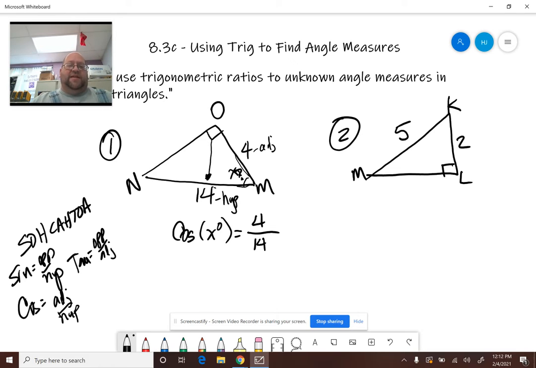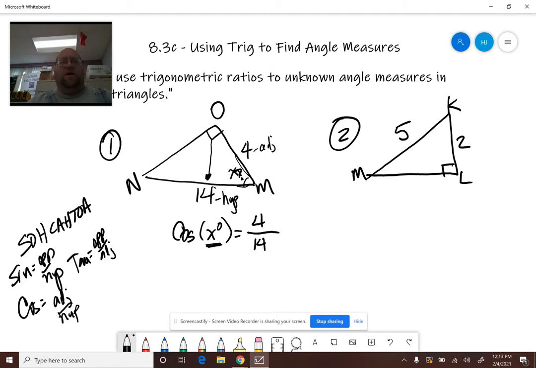The issue here is I do not know what this angle measure is, and it is connected to cosine. It's not really connected through multiplication, even though it looks like that because it's right beside it, but they're connected, and I need to find a way to undo this. The way to undo multiplication is division. The way to undo addition is subtraction.